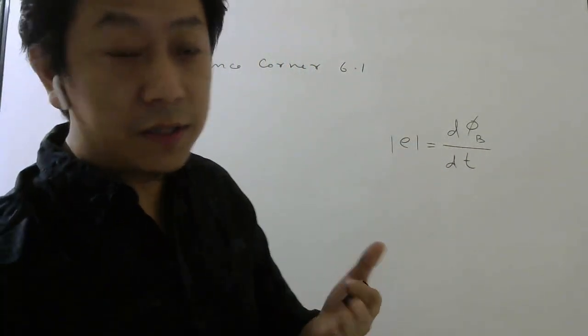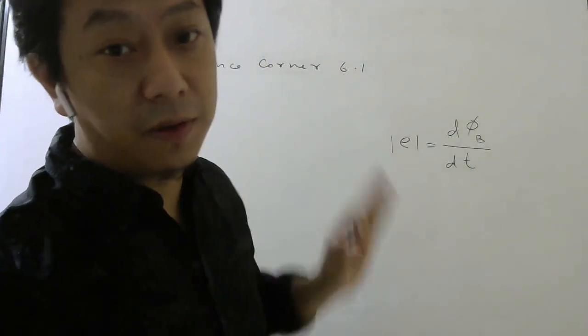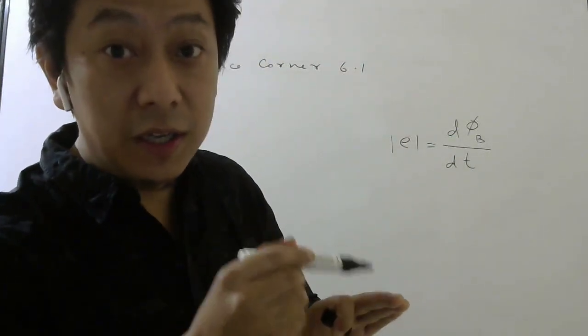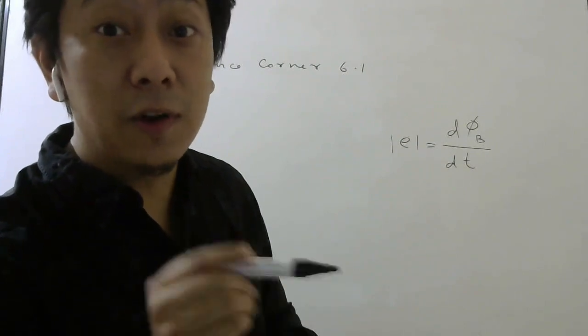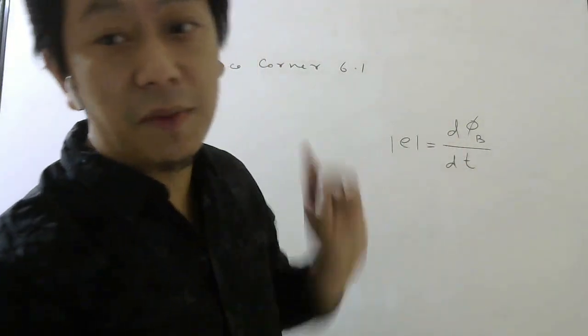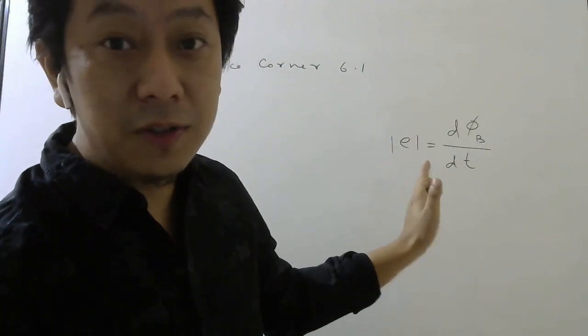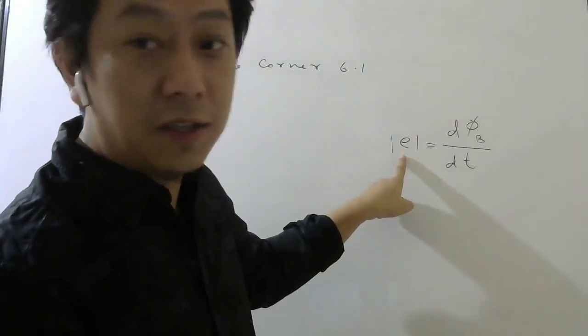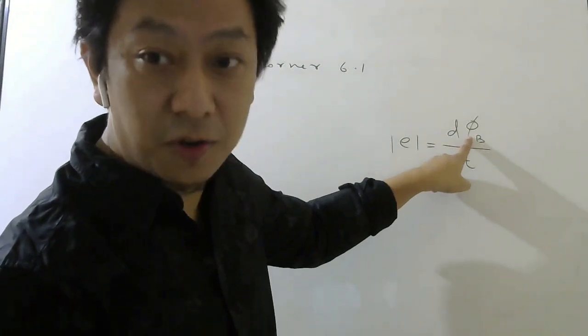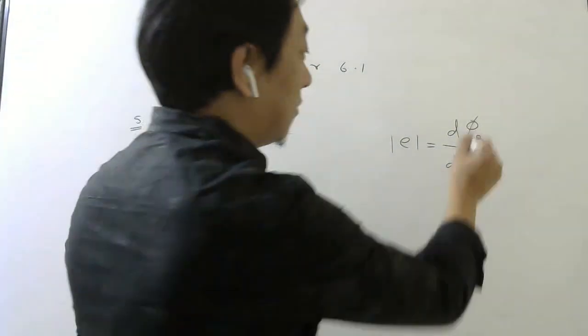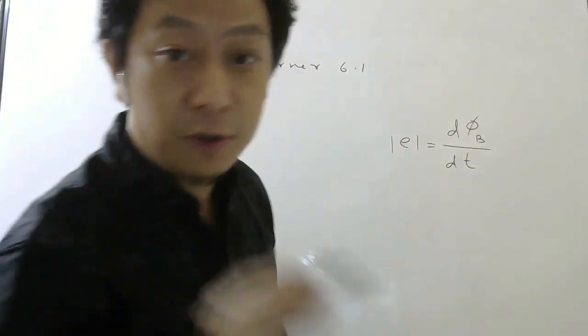Then Lenz's law says the polarity of the EMF is to induce current in such a way that it will oppose this change in magnetic flux. So whatever produces the EMF, who is producing this EMF? Change in flux, yes or no? If flux was constant, this EMF would be zero.